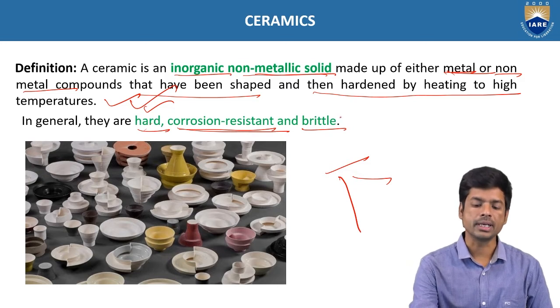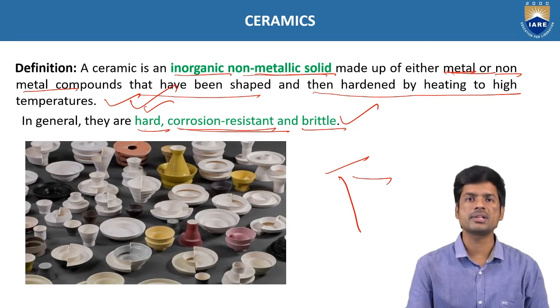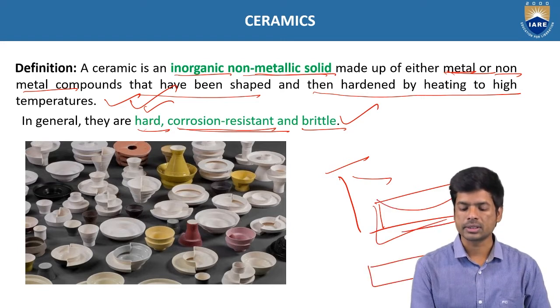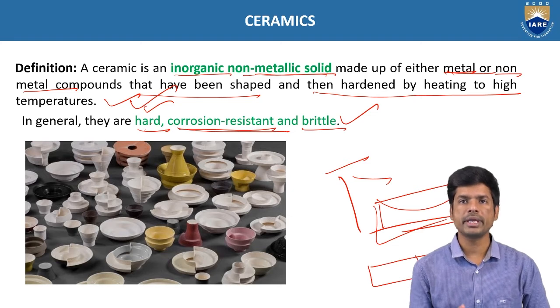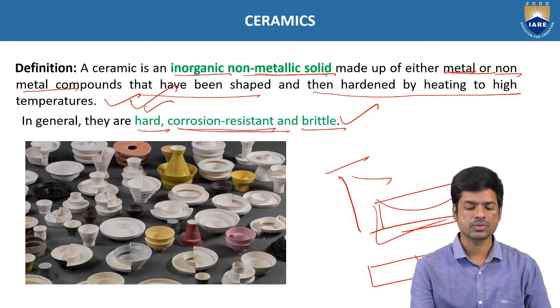And brittle means it fails suddenly, without any elastic deformation, it suddenly breaks. These are the main properties of ceramic materials, and in this picture you can observe some ceramic materials.